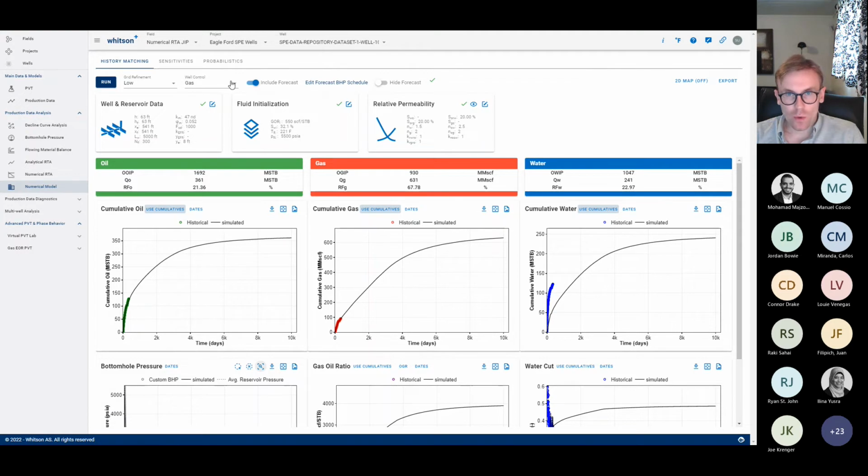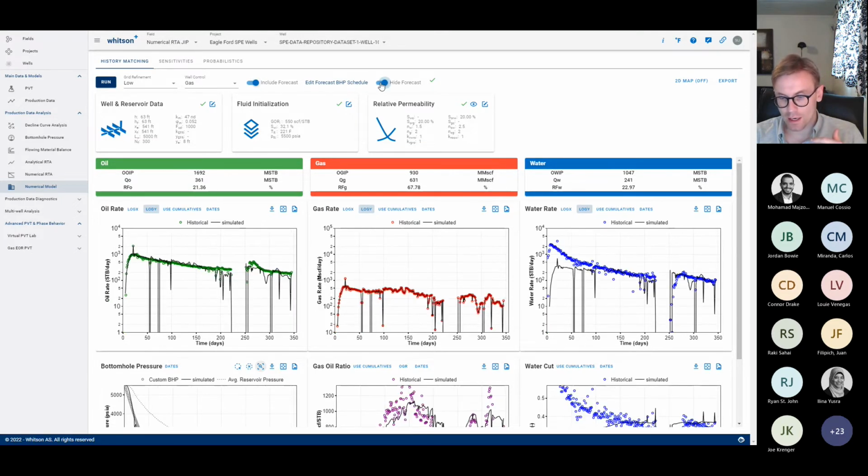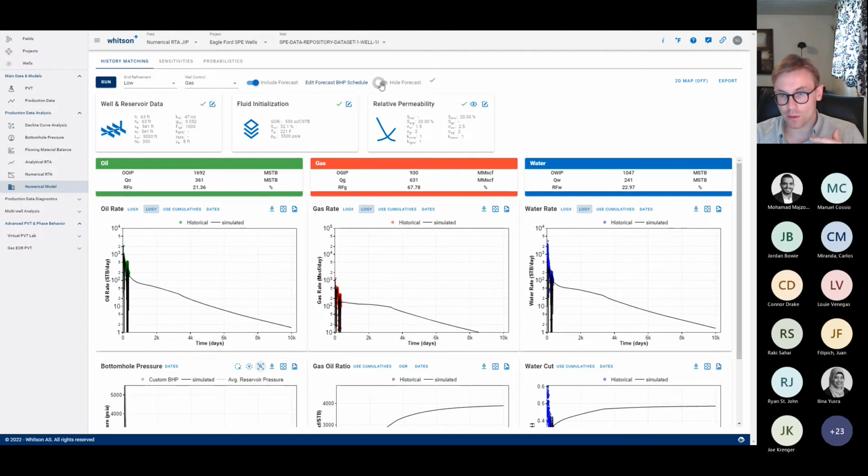Yeah, I can show a couple of other things here just for those. So of course, when you run the forecast, you can click hide forecast and include forecast just in the plot, so you can see it with and without the forecast. Here you can do different sensitivities manually.